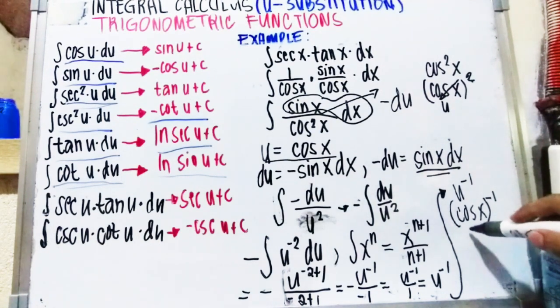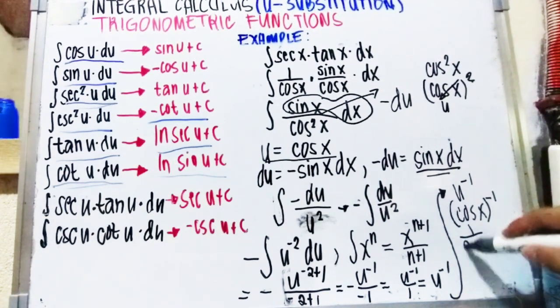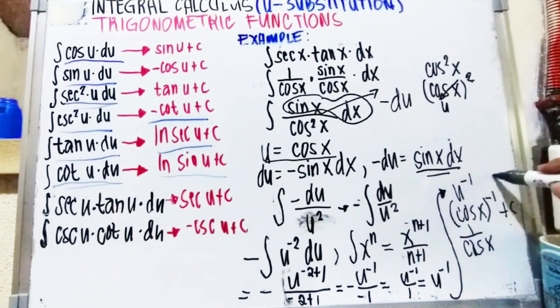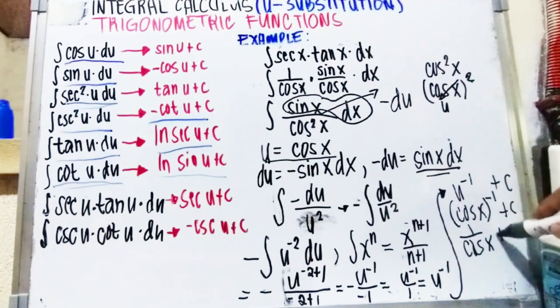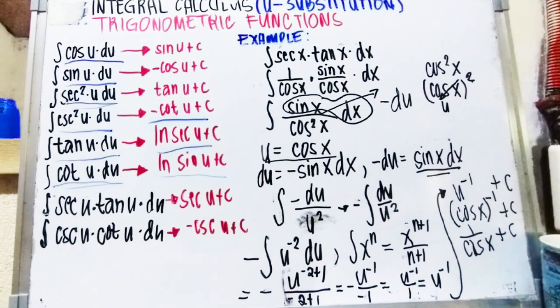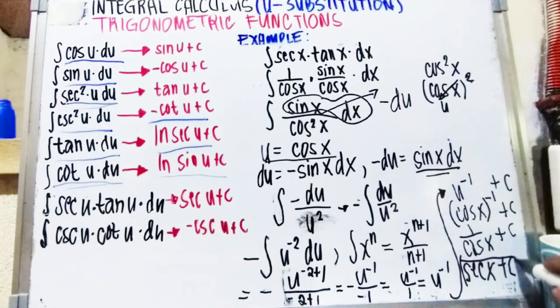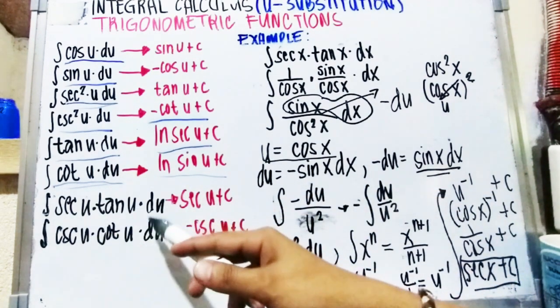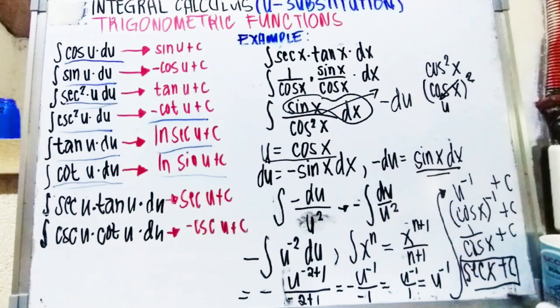Or in fraction form, magiging 1 over cosine x. May plus c muna tayo dito. Huwag nating kalimutan plus c. So, 1 over cosine x plus c, our identity for 1 over cosine x is also the same as secant x plus c. Na-prove natin na yung integral ng function na sec u tan u du is equals to sec u plus c.